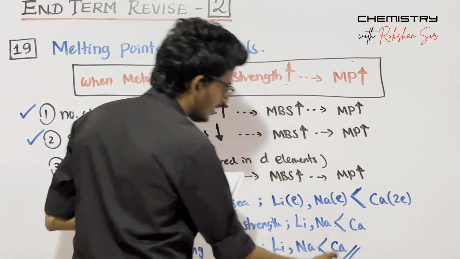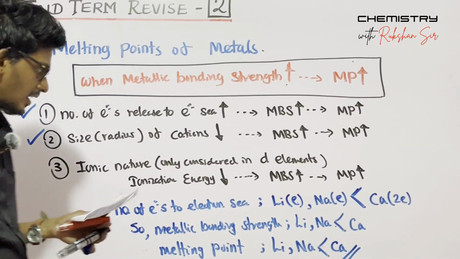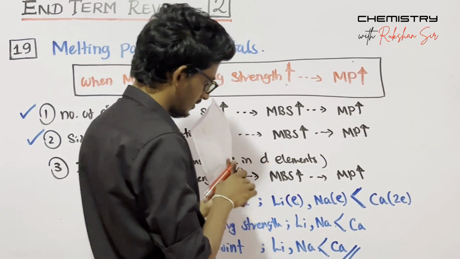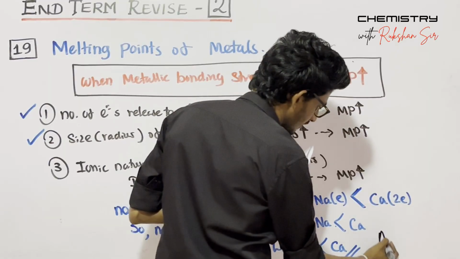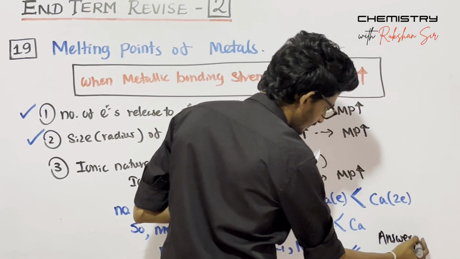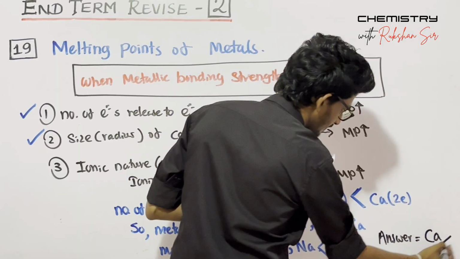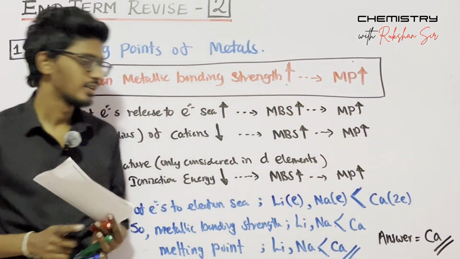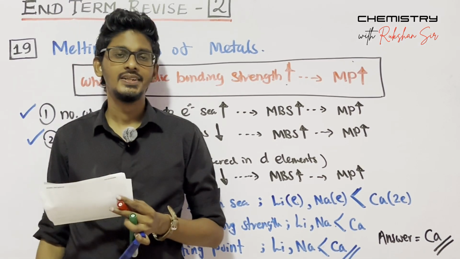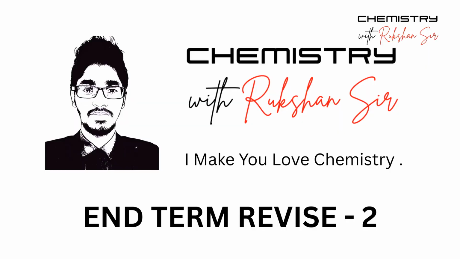The melting point of calcium is the one with the greatest value. So calcium is the answer. So your answer is calcium. That is for question number 19.